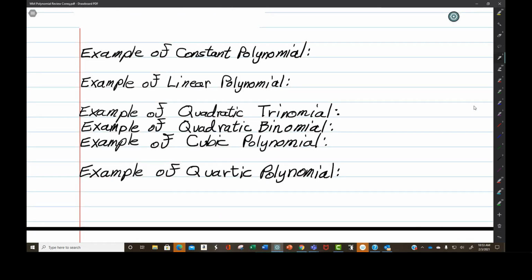Okay, let's look at an example of a constant polynomial. How about 3? Any number. Or 4/5. A constant polynomial is just a number.